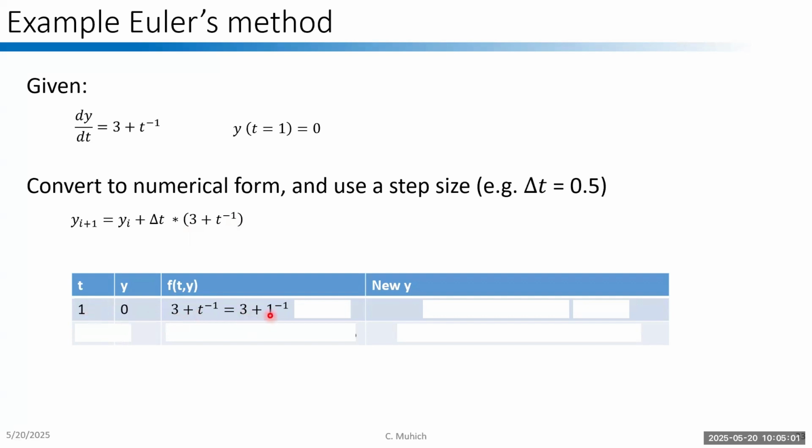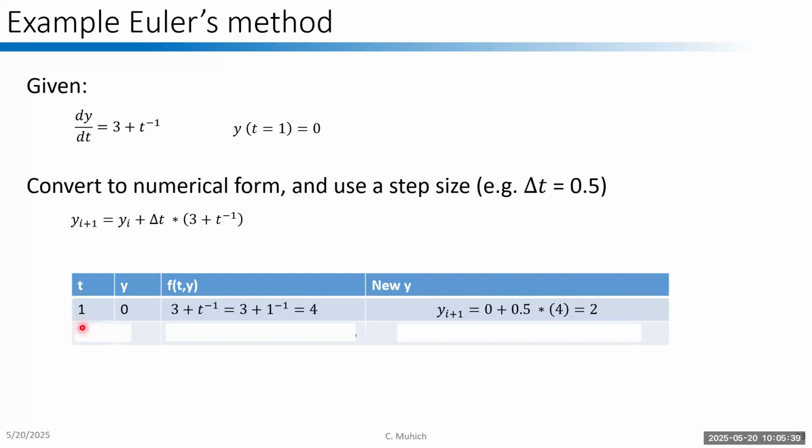That gives me (3 + t)^(-1), so 1 to the minus 1, and that's equal to 4. I can now use this information to solve this equation here. So y_(i+1) equals my current y, which is 0, plus my time step, which is 0.5, times that functional value, which is 4, which gives me, when I do this math out, y_(i+1) equaling 2.